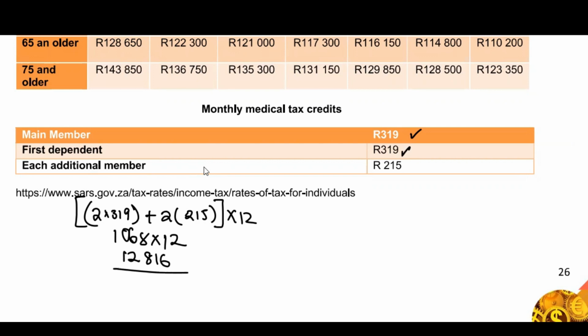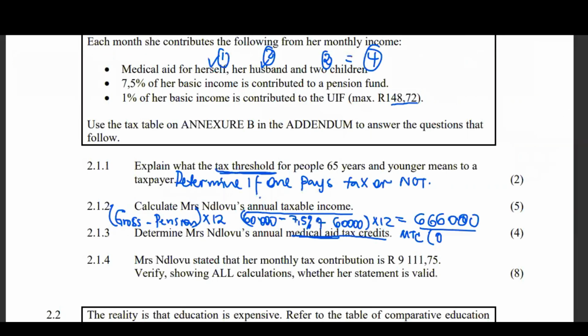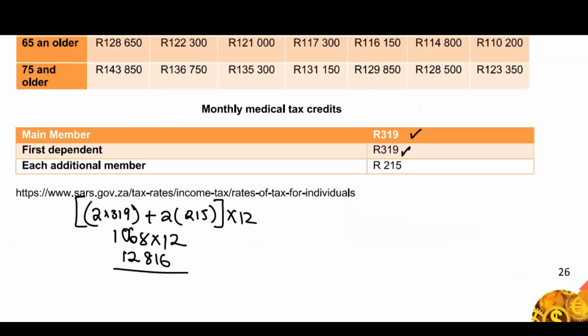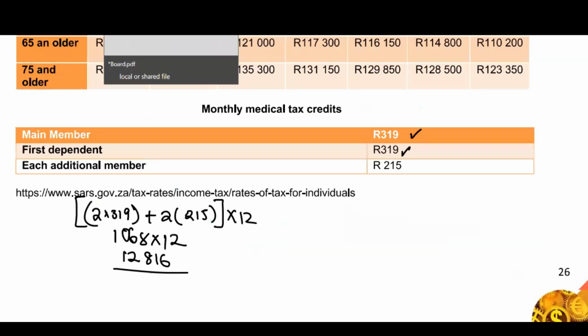We said it was 2 times 319 plus 2 times 215, multiplied by 12 because we are looking for annual, which became 12,816.